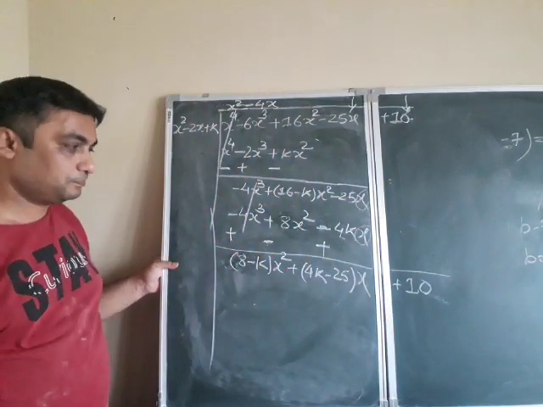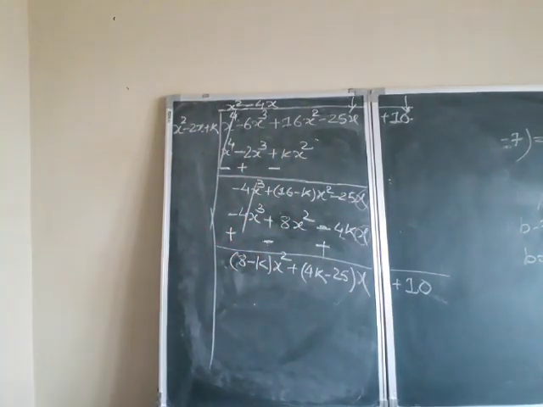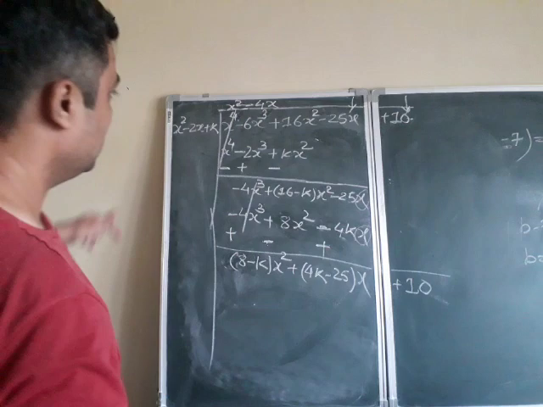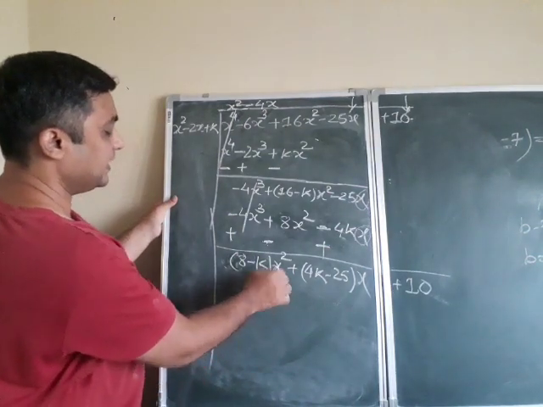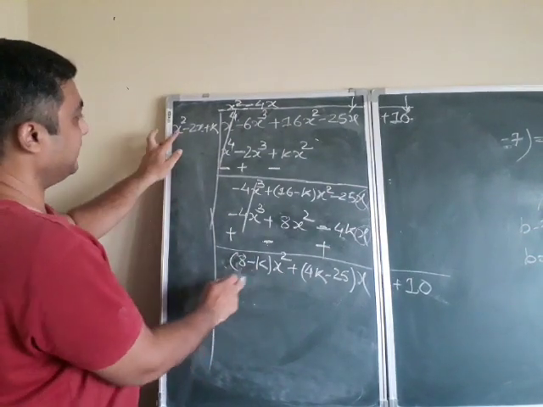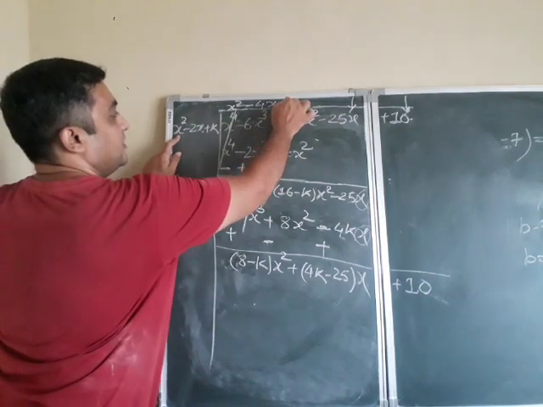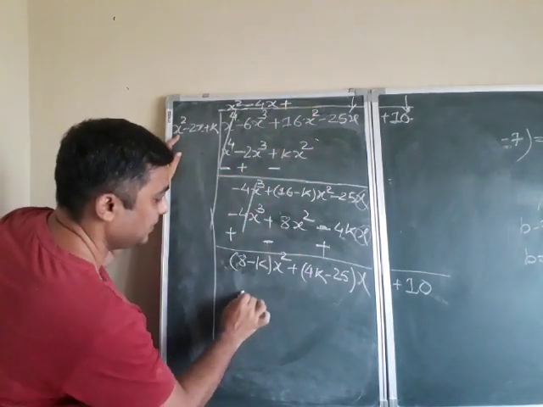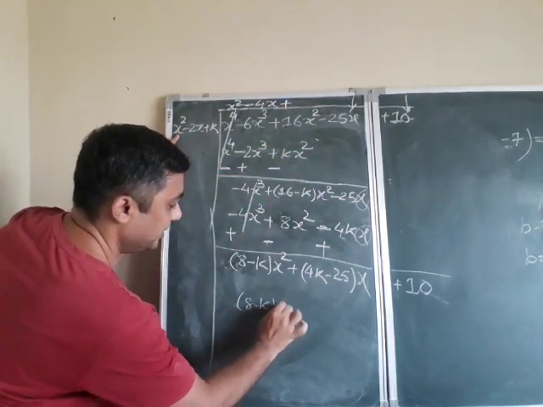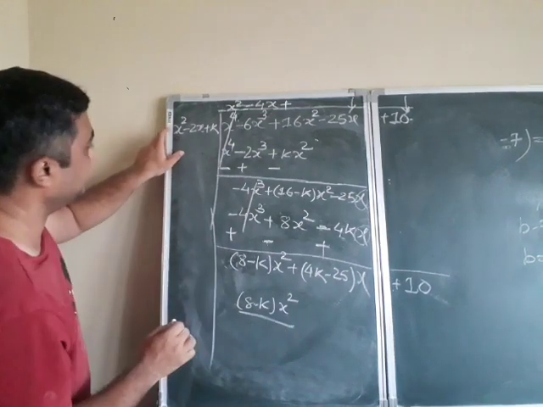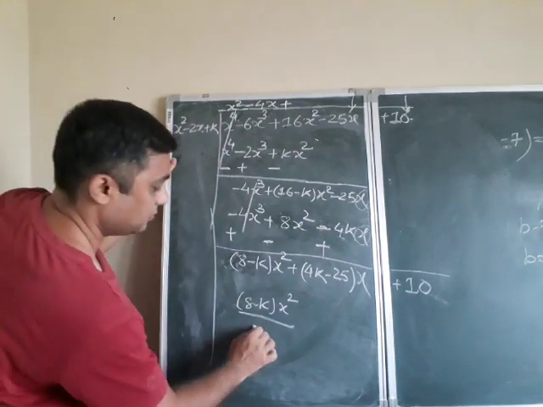See the next steps. Now 8 minus k x square. Divide this by x square. So here, this is 8 minus k into x square, and divide by this x square.